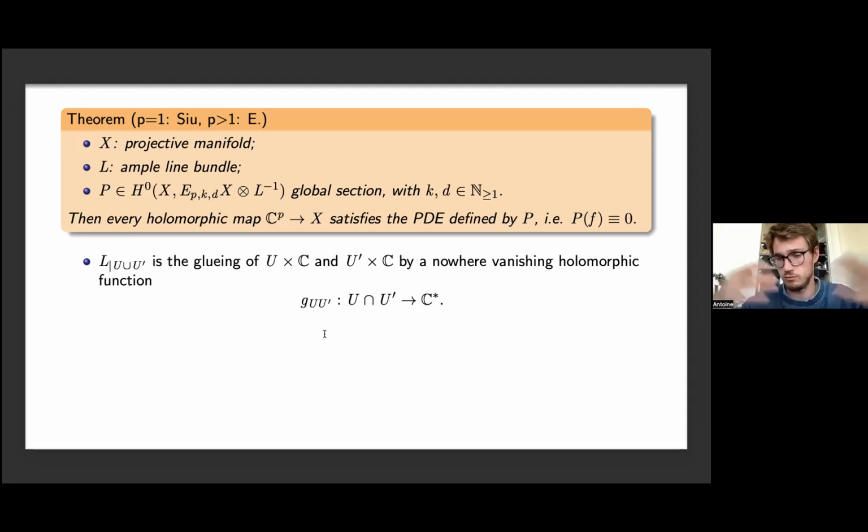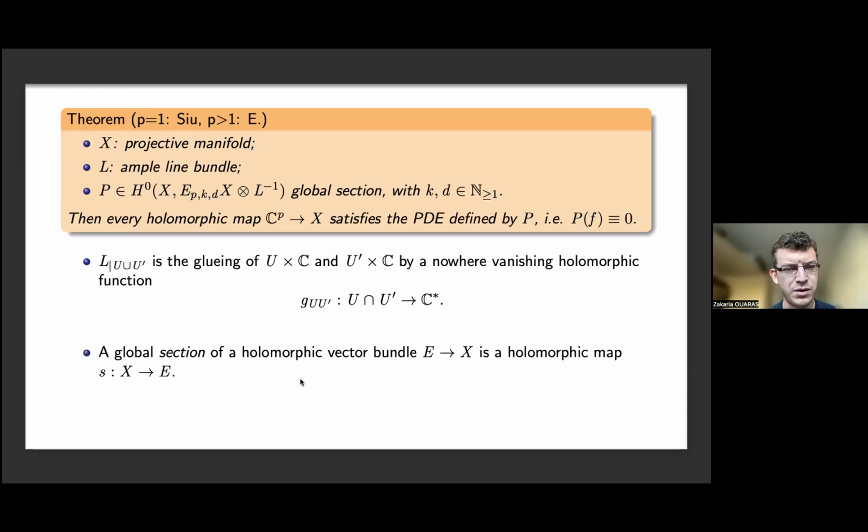And if you have a covering with a larger number of open sets, it is still the case, and you require a cocycle condition so that it is well defined.